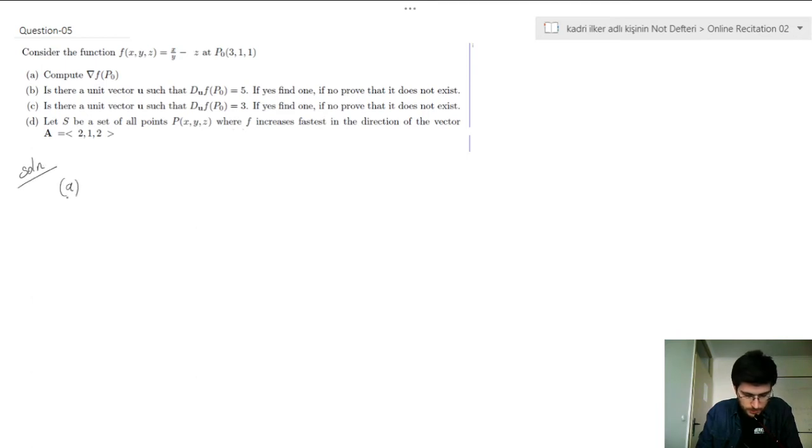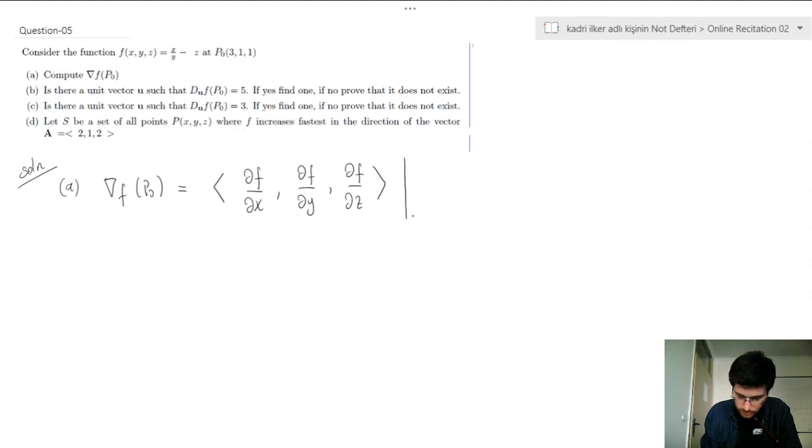So part A, we are going to compute the gradient of f at the point p0. So we should remember, what was the gradient of f at the point p0? This is just a vector, given like this. Something like this. And we are going to evaluate this thing at p0.